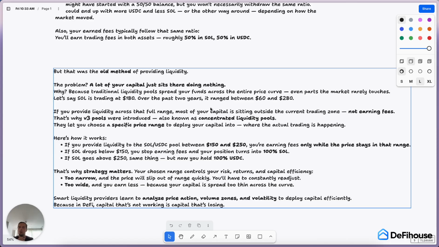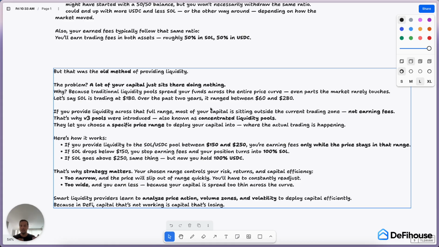So you are no longer earning the fees, and your position turns into 100% Sol, because at the time of deposit, you deposited in a specific ratio, let's say 50-50, it could be 60-40, 70-30, depending on the current price and your range.